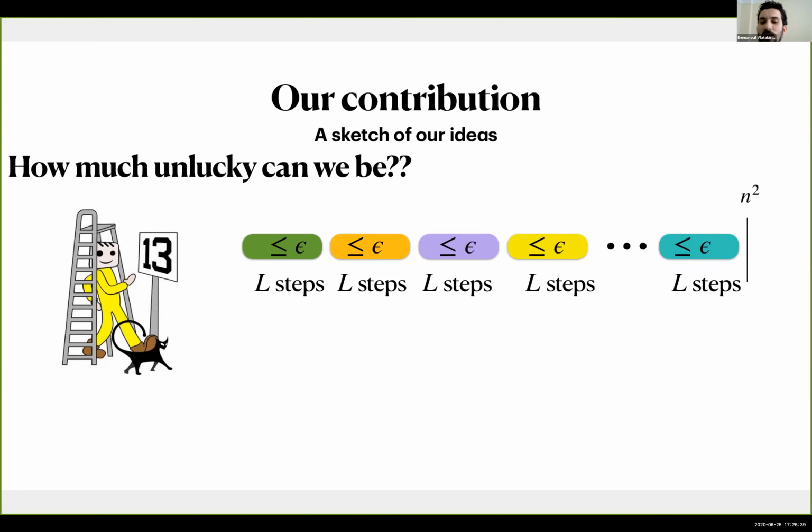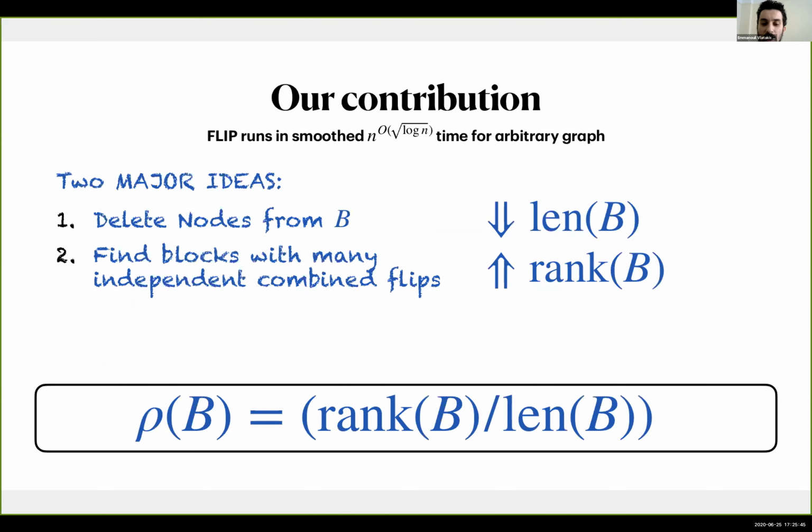However, in an arbitrary graph, flips are too correlated because of the underlying graph structure. So here are our major ideas. We show, first of all, that we can either shrink the size of the blocks that we need to analyze by deleting some irrelevant flips from the analysis, but in a careful way, without violating the correctness of the analysis.